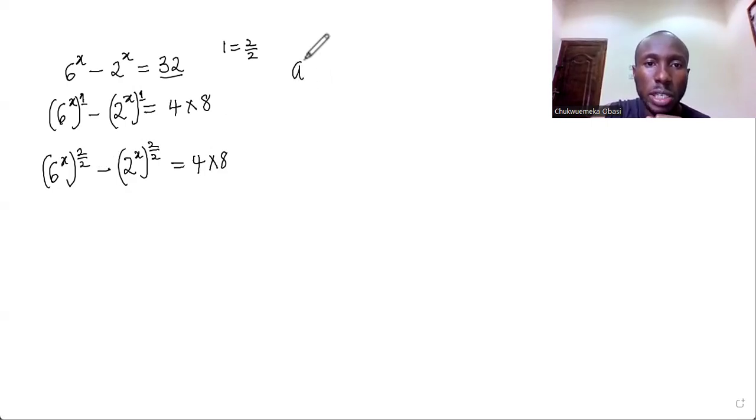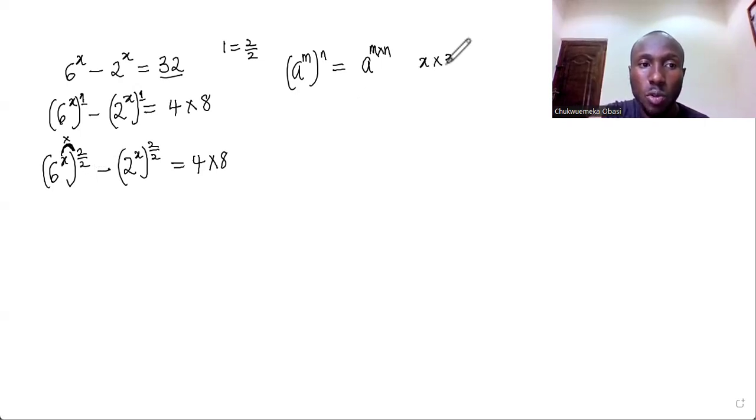If you have a to the m, all to the n, it is the same as a to the m times n. So the connection between these two is multiplication, and this is x times 2 over 2.